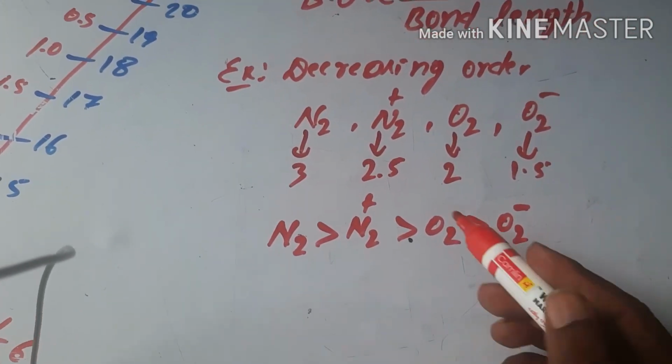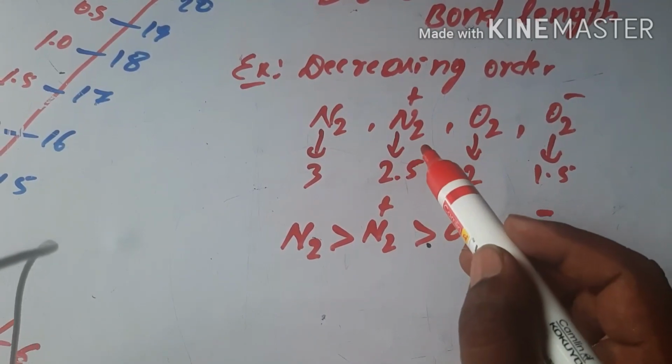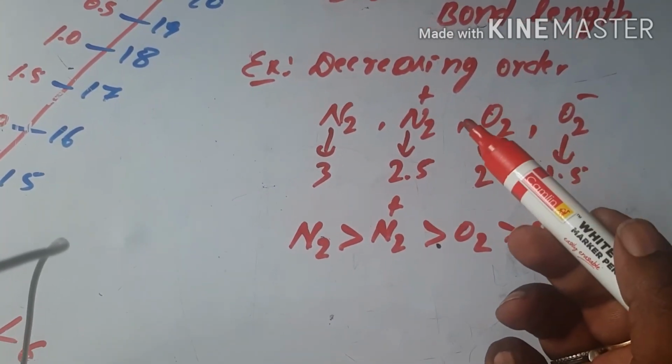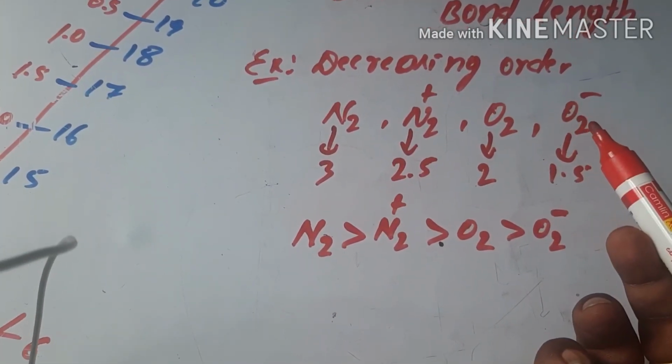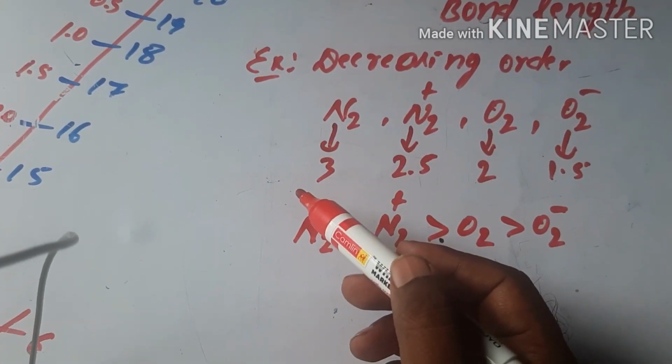As usual, in the same way we can determine bond order and write the bond length in increasing or decreasing order.